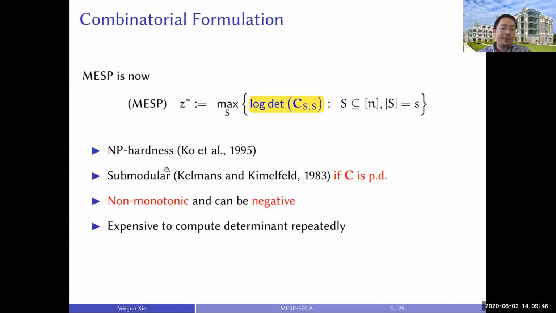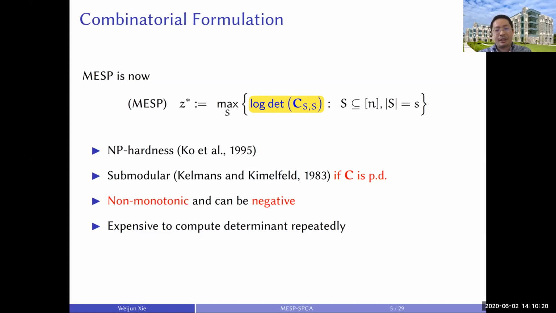There are also two properties that go against submodularity usually being useful. First, we don't have monotonicity: as small s grows, the size of the subset grows, and the objective function, the log determinant, might decrease, so it might not be monotonically non-decreasing. Also, the objective function can be negative. Why do we care about these two properties?